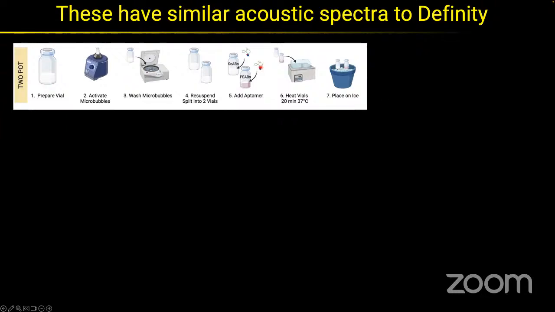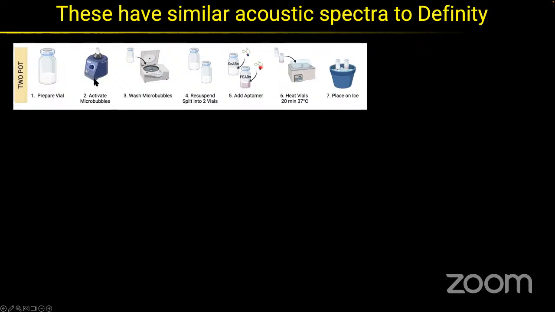What I'm going to be talking about, we call this our two-pot synthesis, and you'll see why. So we prepare our vial of microbubbles, and we don't actually use a vortexer. My student gave me the slide and put on a vortexer, but it sounds like a little paint shaker, and it mixes it back and forth.